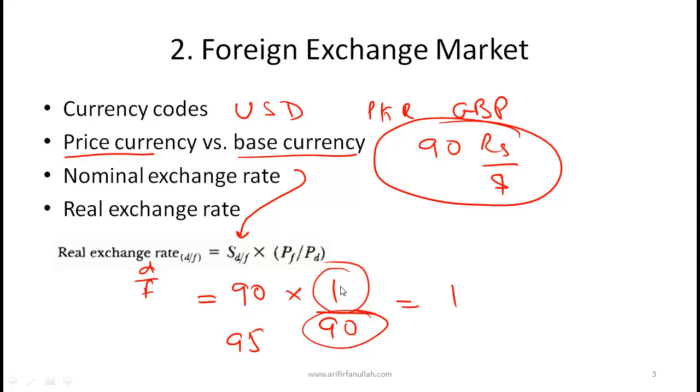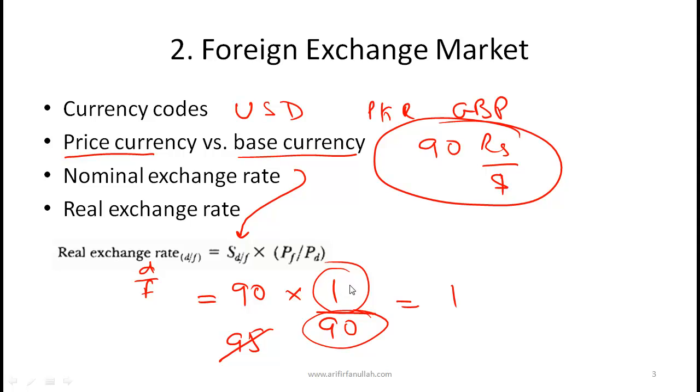Now the next scenario: 90 stays the same, but the price levels in the US go up. And remember, when I say price levels, I'm referring to incomes, prices, everything. Here it is simpler to think in terms of income. So let's say incomes go up by 10% in the US.